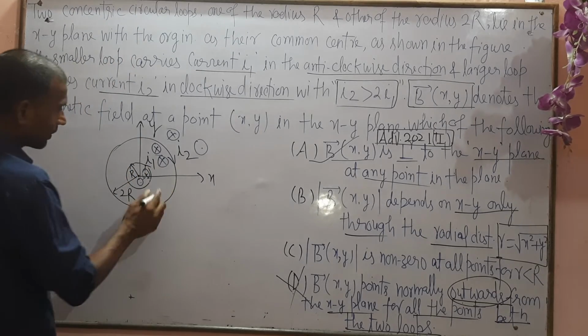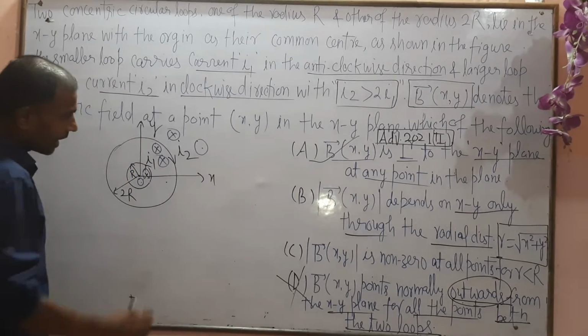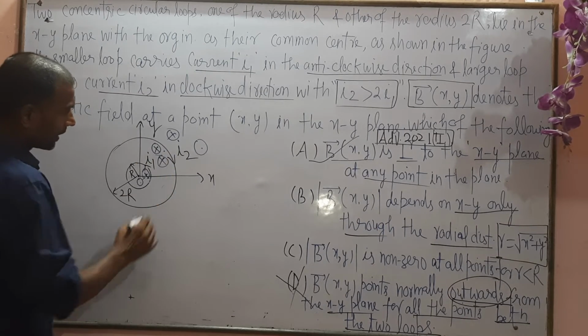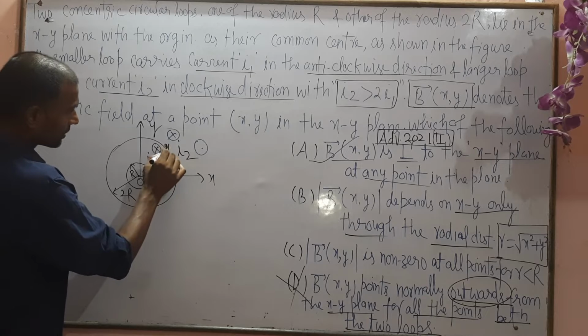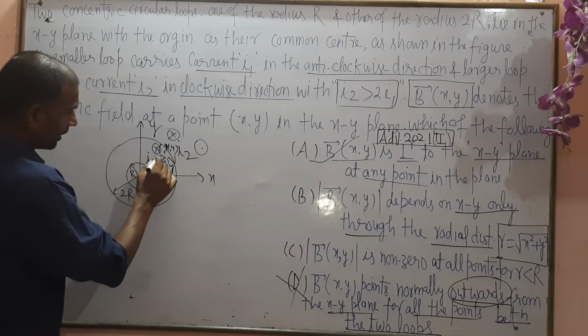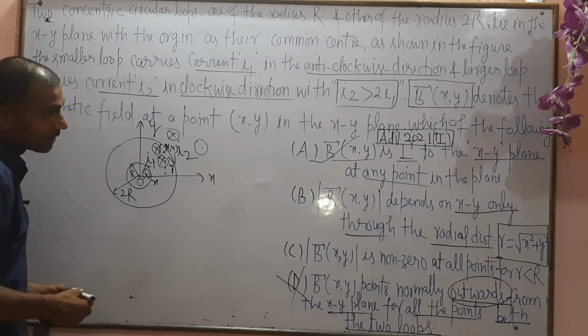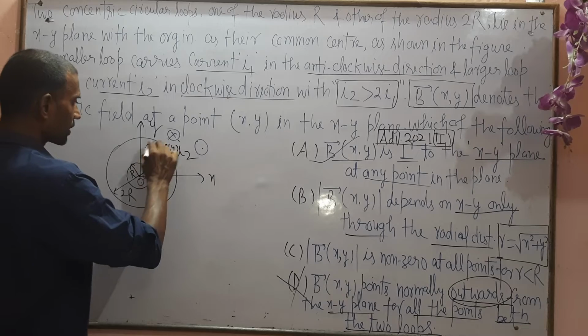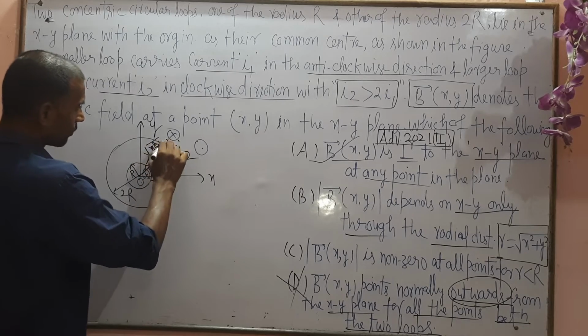Okay, if we want the magnetic field B at this point, let us suppose the point is xy, this is x and this is y. This is the radial vector, and what is it? Root of x square plus y square.